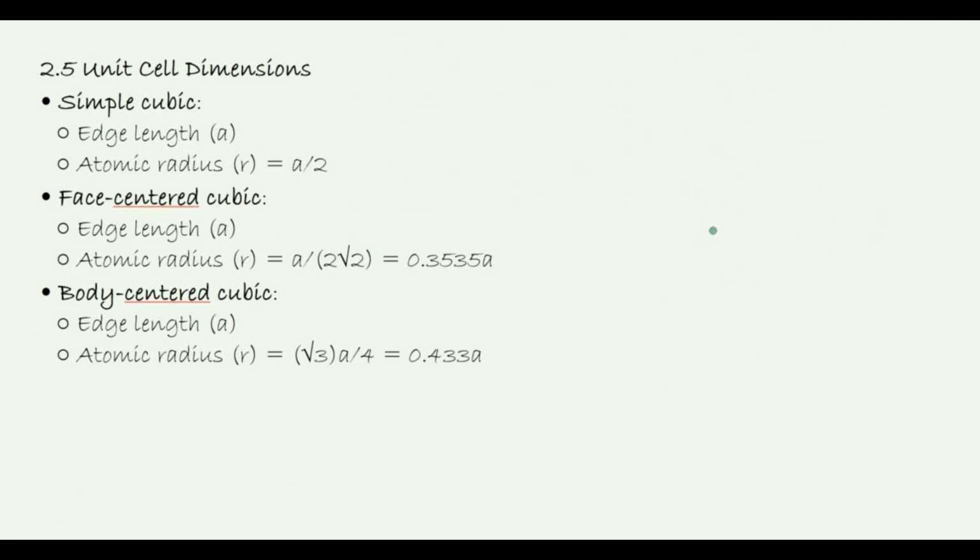These formulas are important. I'll be attaching this PDF in the first comment or in the description. You can download it and use it as a formula sheet or lecture notes as well. Edge length, let me take it as A. So the atomic radius for simple cube is A by 2.